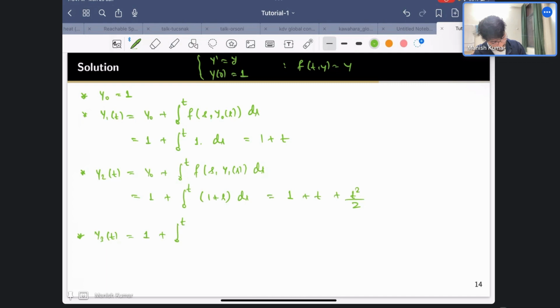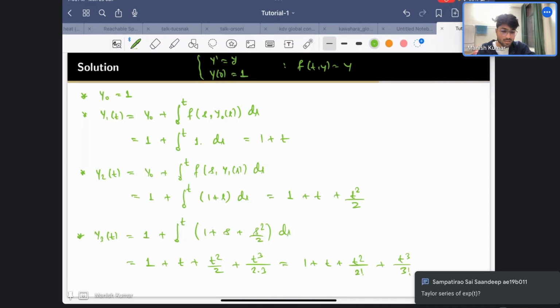Now if you put f(s, y2(s)), which is y2(s) ds, and y2(s) is this function, so this is (1 plus s plus s square by 2) ds, and if you integrate, you will get 1 plus t plus t square by 2 plus t cube by 2 into 3. Okay, so let me rewrite it as 1 plus t plus t square by 2 factorial plus t cube by 3 factorial.